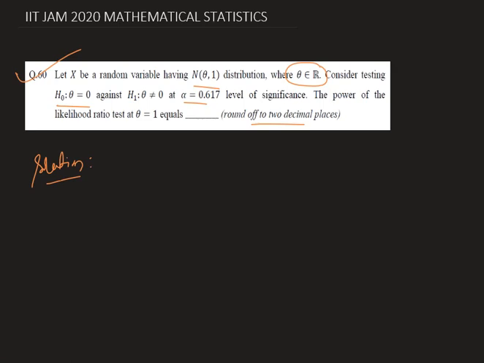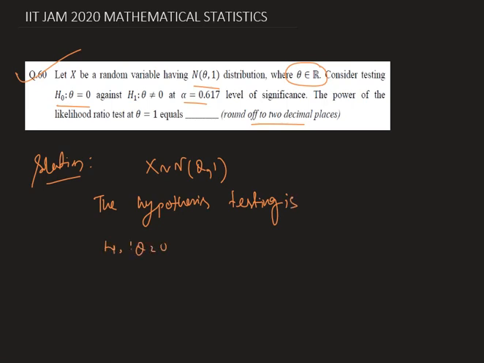Now by the question, X follows normal theta comma 1. The hypothesis testing is H0: theta equals 0 versus H1: theta not equal to 0, and the level of significance is 0.617.